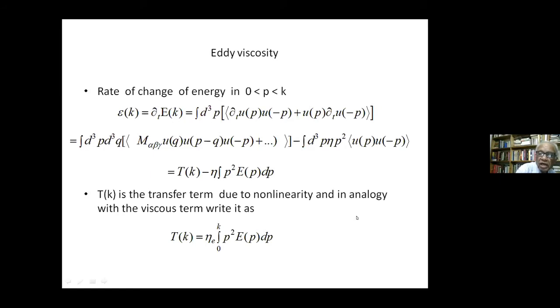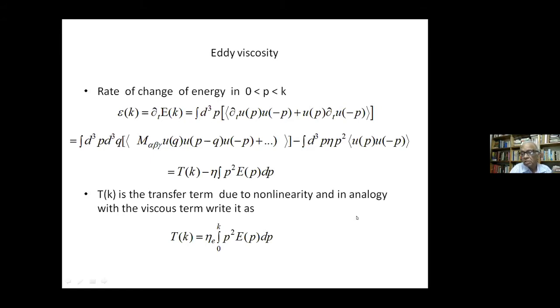The standard viscous dissipation is the integral of P square E of P, where E is the spectrum, times the viscosity of the fluid, whereas this transfer term I want to write in a form which looks like the standard viscous dissipation, as eta sub E times the energy spectrum.